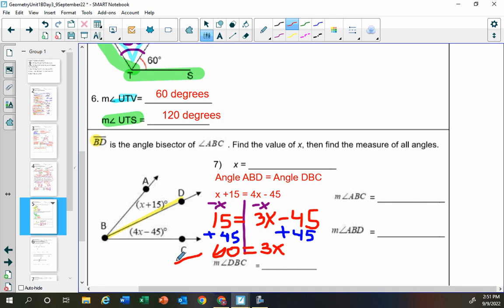Sorry, it's going to be a little messy. It's going to be 20. X is 20.